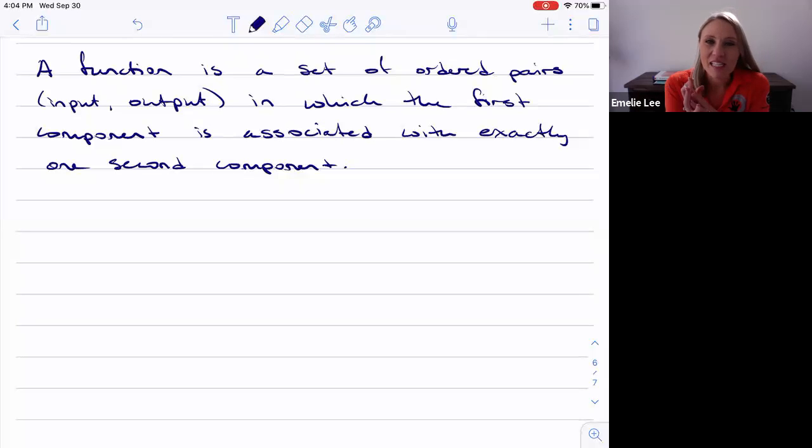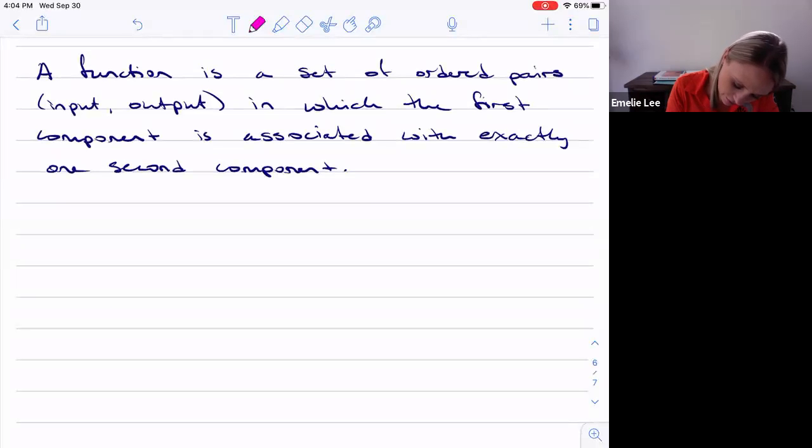The key is that you can have multiple inputs go to the same output, but not vice versa. And so here, the first component is associated with exactly one second component. So what does that look like?